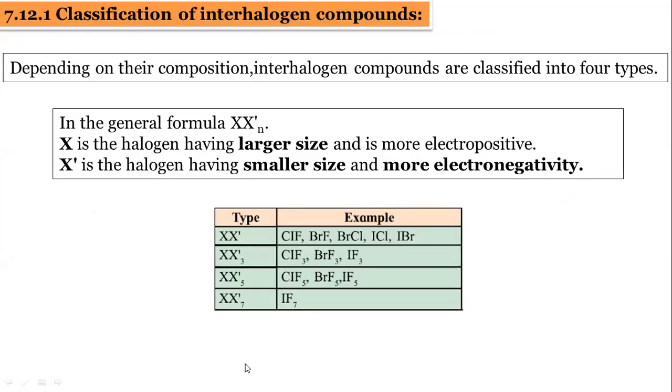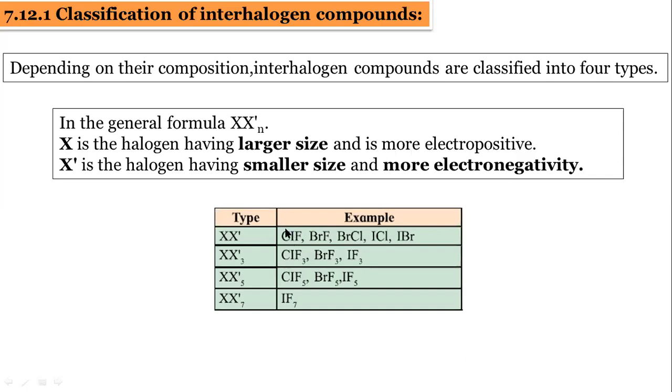Depending upon the composition, the interhalogen compounds are classified into 4 types. First type is XX', meaning only a single molecule of X'. I will explain what X and X' are. X is a halogen with a larger size and more electropositive, remember.